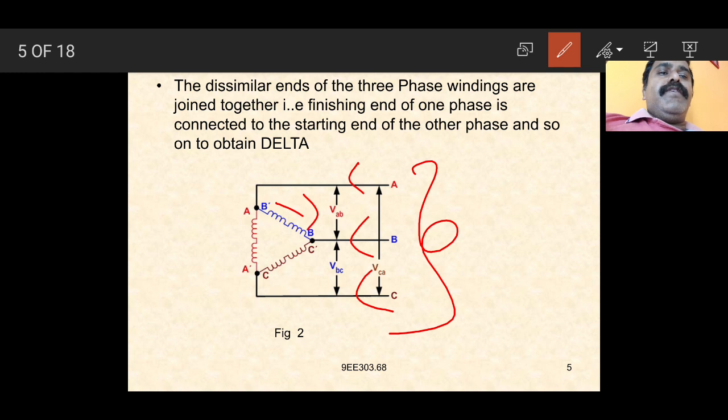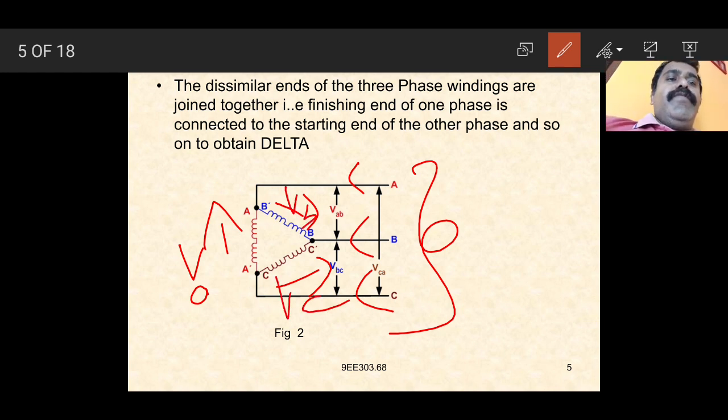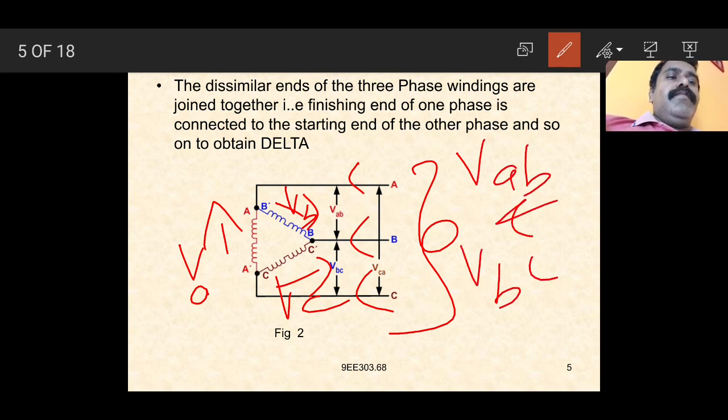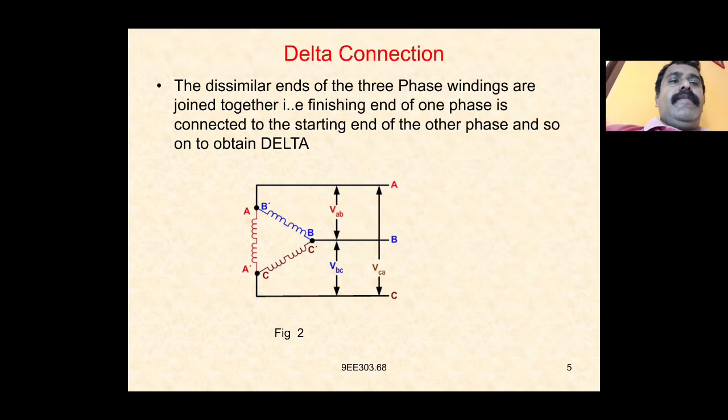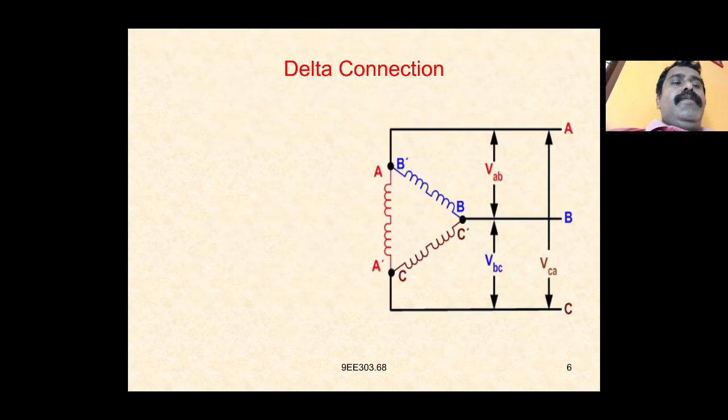These are the phase voltages, VA, VC, and VB. VAB, VBC, and VCA are the line voltages, which we express as VL. So this is the delta connection where A, B, C are the three terminals.